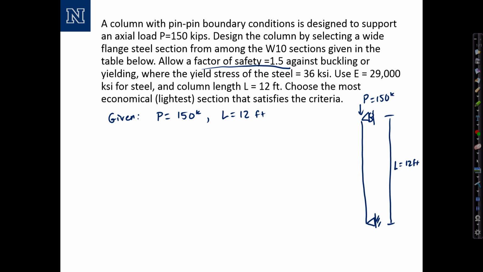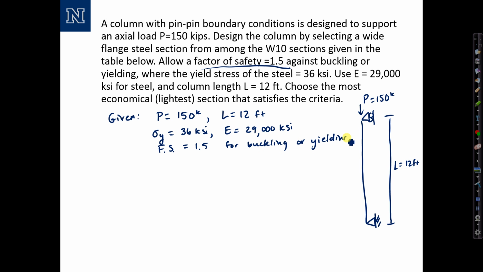We also are given that the yield stress, sigma y, equals 36 ksi, elastic modulus 29,000 ksi, which is a typical value for steel, and we want a factor of safety of 1.5 for buckling or yielding. So it should be at least a factor of safety of 1.5 for both.